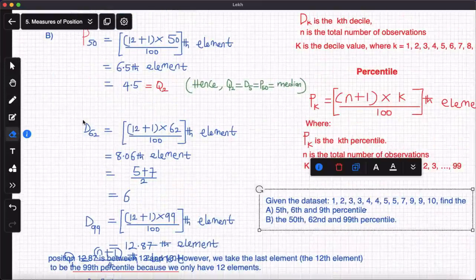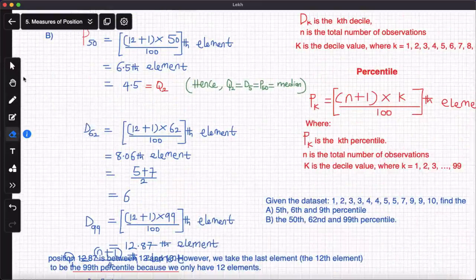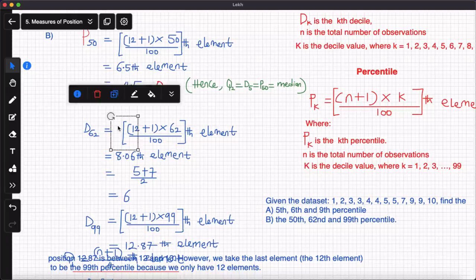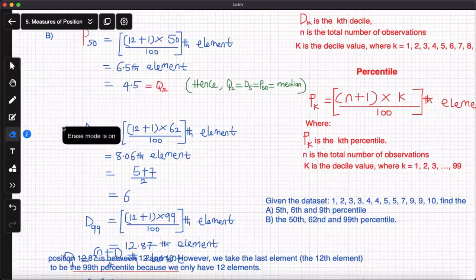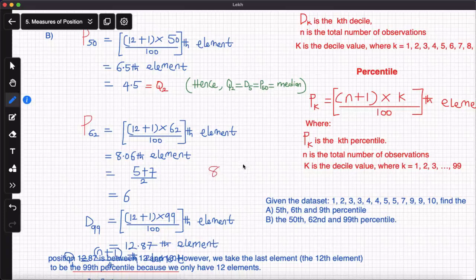P62. So this is P62, and P62 is equal to all of these. Then you get 8.06, and 8.06 is between 8 and 9.